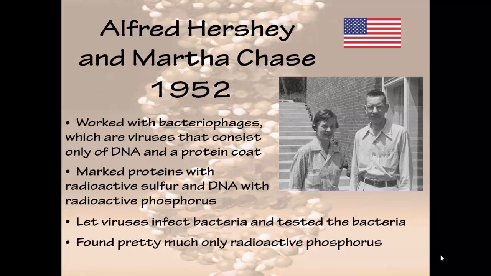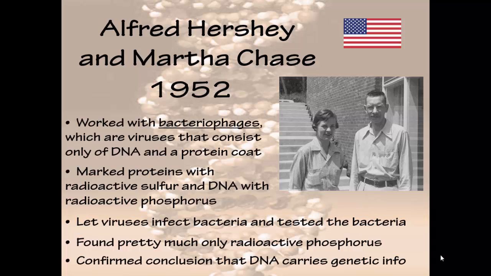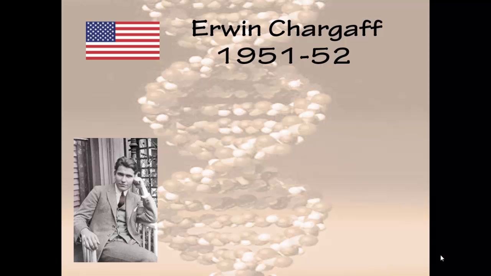What they found was that the only glowing they could see was the color that matched the radioactive phosphorus. So their conclusion was that DNA is what was carrying the genetic info. When these bacteriophages were inserting something into the bacteria, it was the DNA that they were inserting.